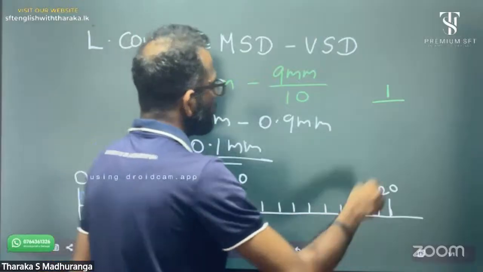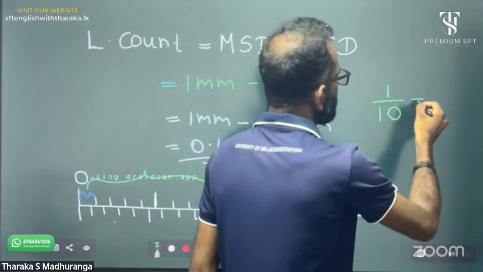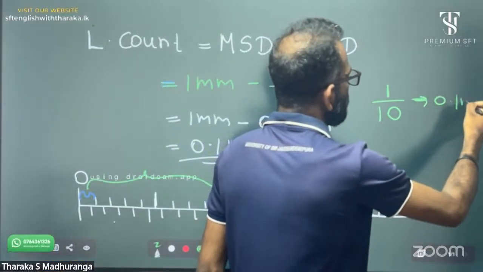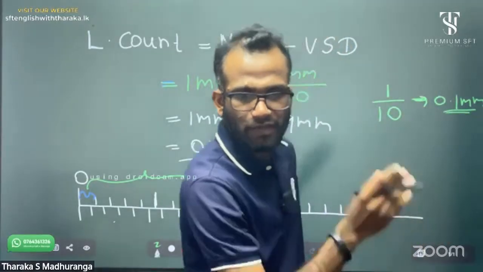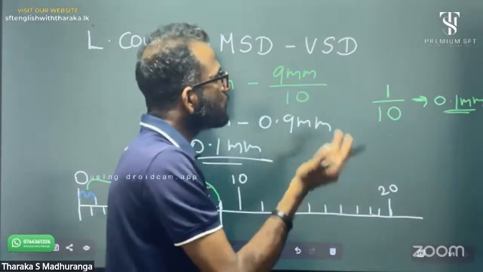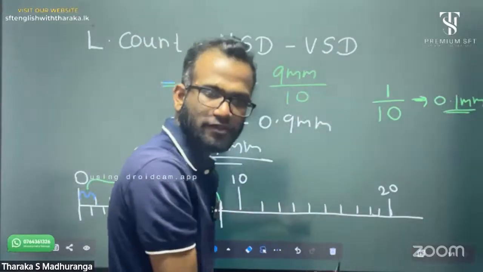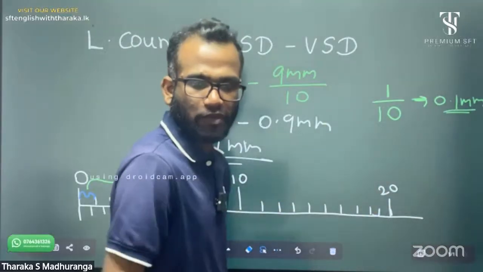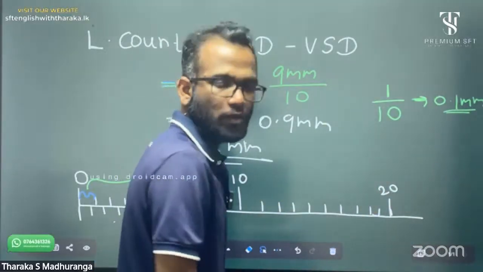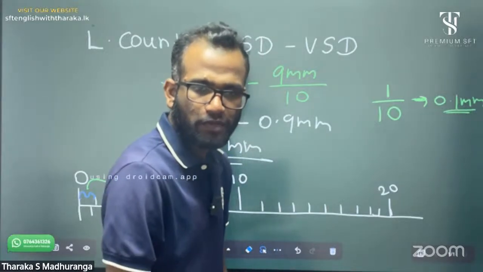Then make vernier scale parts 10. Then it is 0.1. Only use this method for MCQ questions. If it is a structured or essay question, you have to use the common equation. For the short method, it's okay for MCQ questions. No problem for MCQs. Are you good?